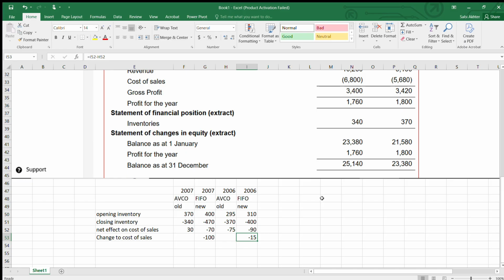Now, one might ask, why did we take the figure of 31st December 2005, that is, prior to 1st Jan 2006? The cumulative difference in the profit is the difference between your closing inventory measurement at 31st December 2005.